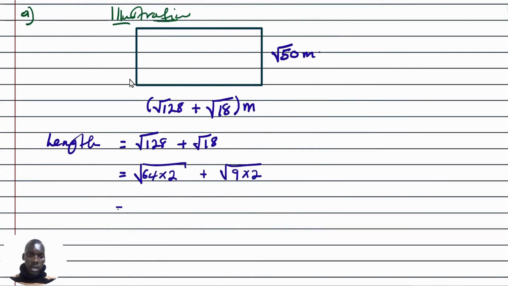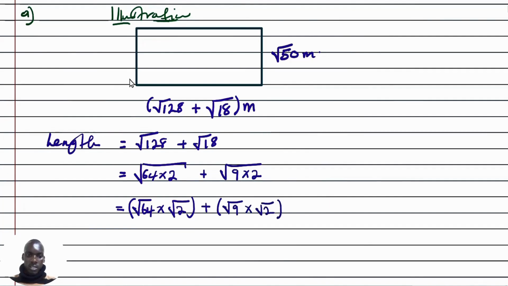As we continue simplifying, this is the same as the square root of 64 multiplied by the square root of 2, plus the square root of 9 multiplied by the square root of 2.